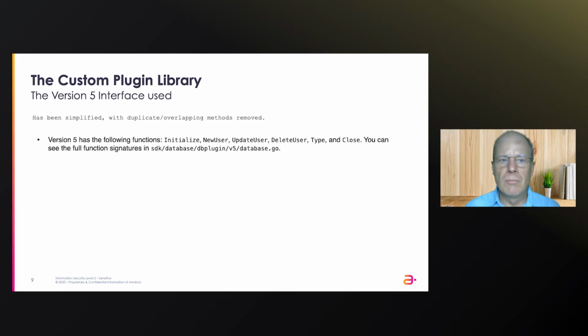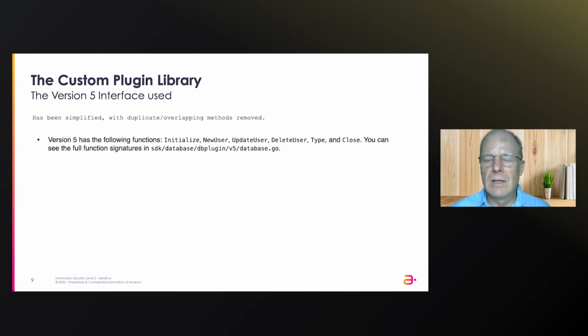The custom plugin library, just for everyone's knowledge, was written using the version 5 interface, which is the one supported now by the latest version of Vault. It's much more simple, simplified compared to the previous plugin library interface.